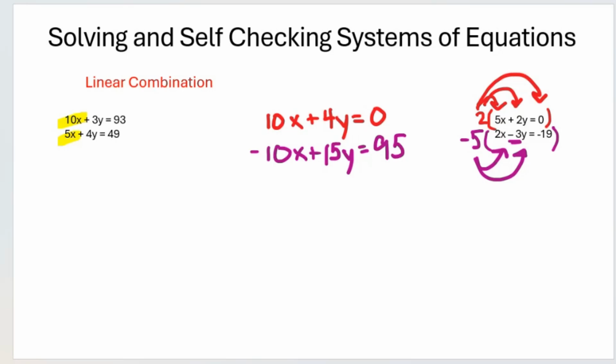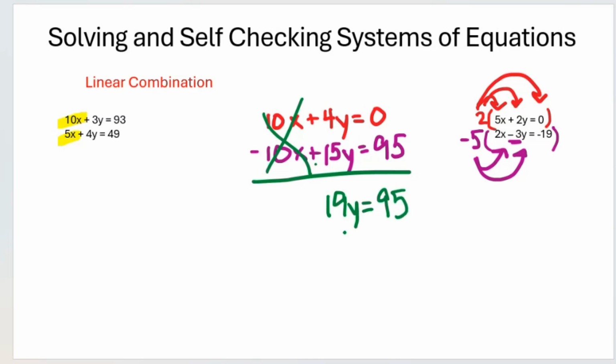And now I get to the linear combination. 10x minus 10x, it's gone away. Sometimes I used to teach this calling it the elimination method because you're trying to eliminate one of the variables. And then I have 4y plus 15y, well, that's 19y. And I have 0 and 95, well, that's going to be 95.